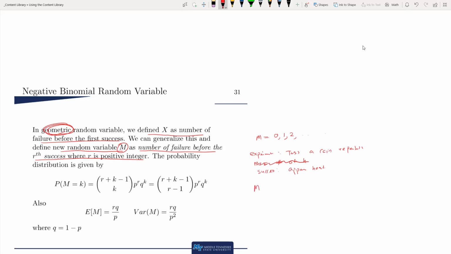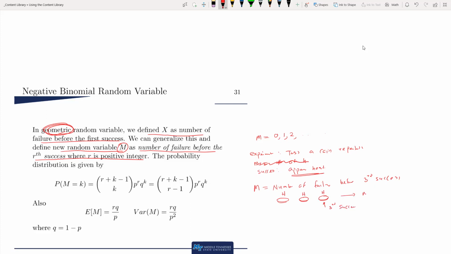There are scenarios like, for example, your first toss can be a head, the second toss also a head, and the third toss also a head. So now you have the third success, because our success is a head.